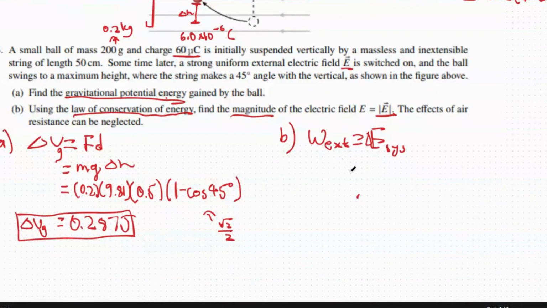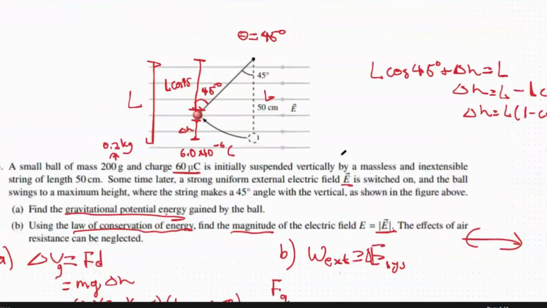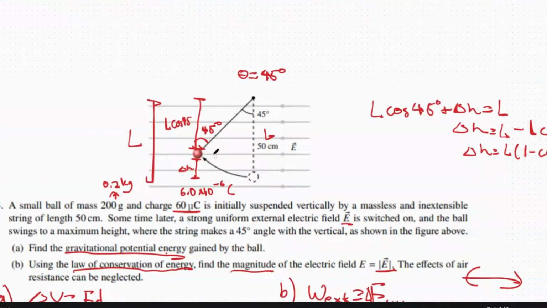So we know that the work would be equal to force times distance. In this case, we're talking about horizontal distance. So the force would be Fq, the force of the electric field, times the horizontal distance, here to here.